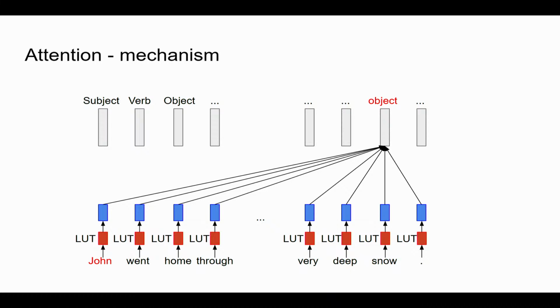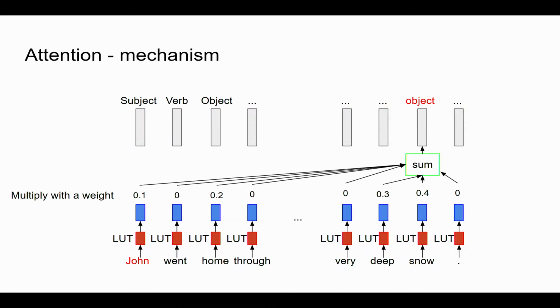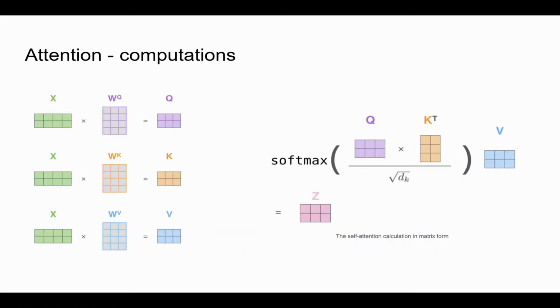So the basic attention works like this. You want to compute something for some position, and you have connections from all the inputs. Based on the values of those inputs, you compute some kind of weights, and you do a weighted average of those inputs, and you put it there. Mathematically, you have an input multiplied by 3 matrices: query, key, and value matrix.